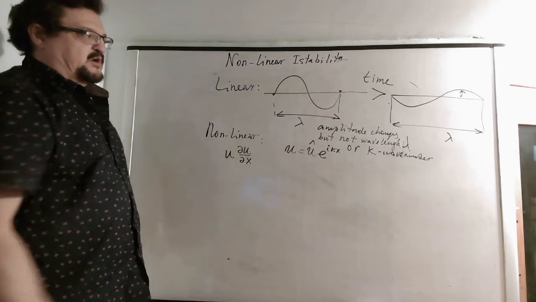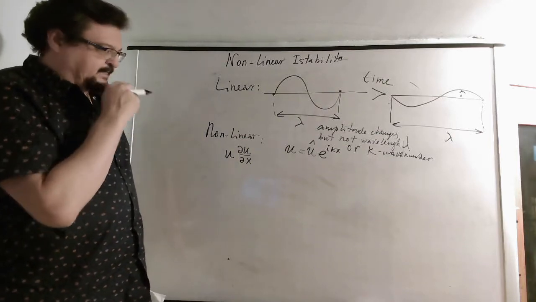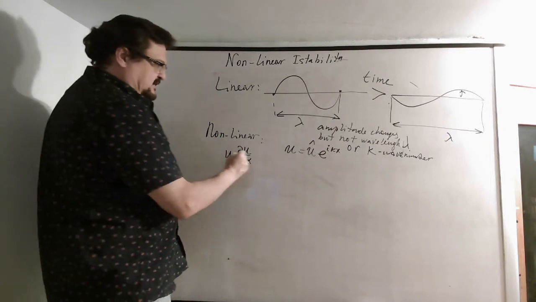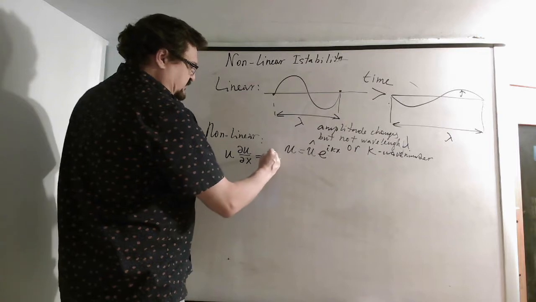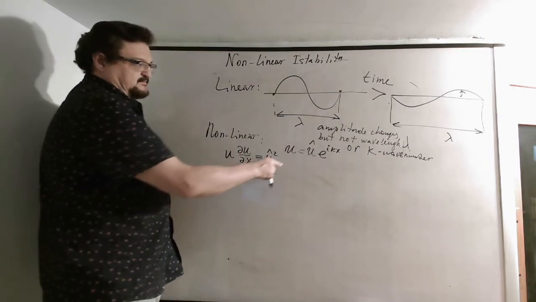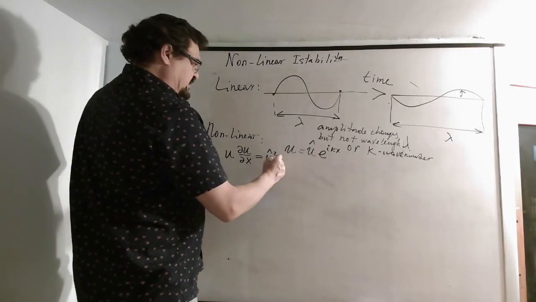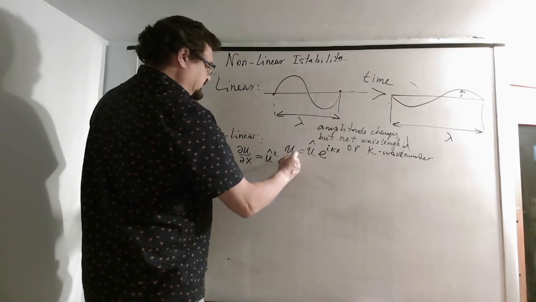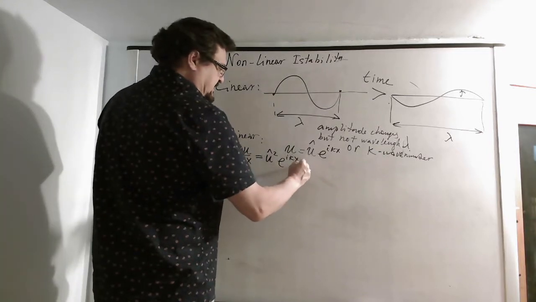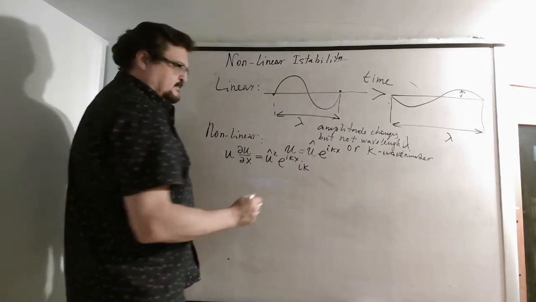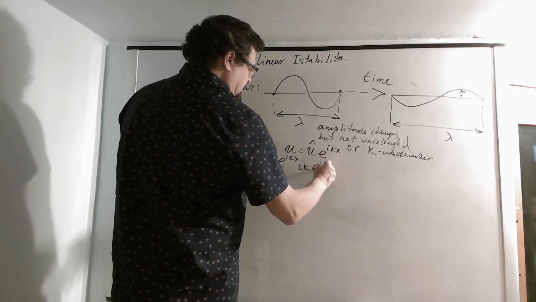So this is our kind of complex representation of a wave. Now let's substitute in here. What we get is u tilde squared, which is not a function of x, and then you have e^(ikx) from this one. And this one you differentiate, you get ik and then e to the power of ikx.